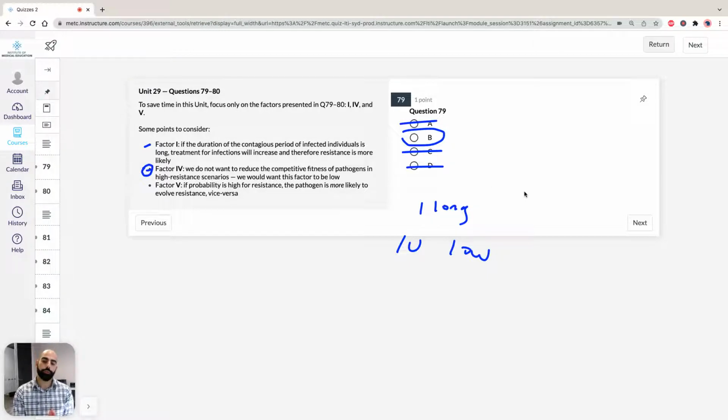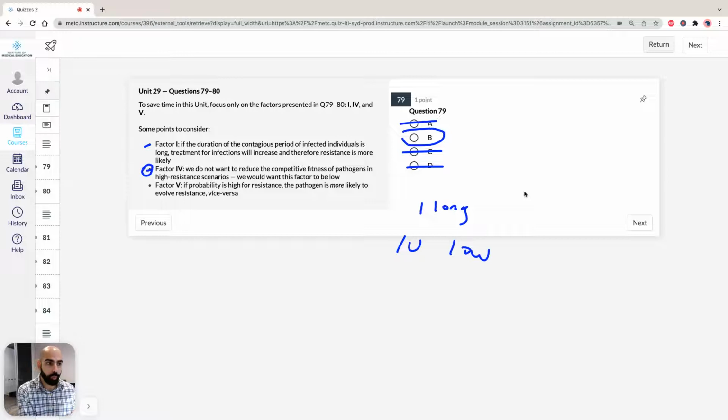So it's one of those you have to wrap your head around. So I'll say it one more time before I move on to 80 because it's important to note. Factor 4: if we're reducing the competitive fitness of the pathogen, remember, we want to increase the competitive fitness of a pathogen so that we can increase resistance.